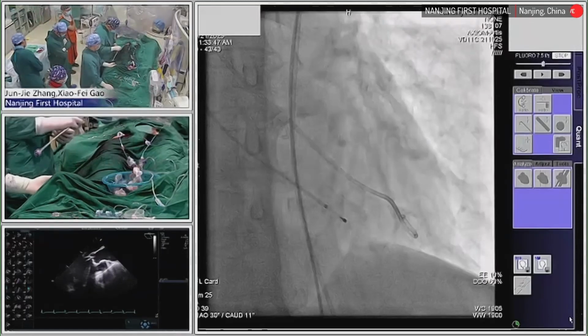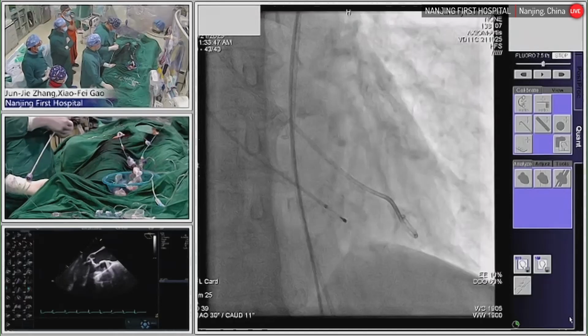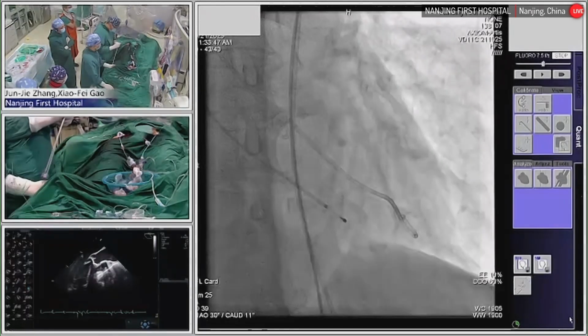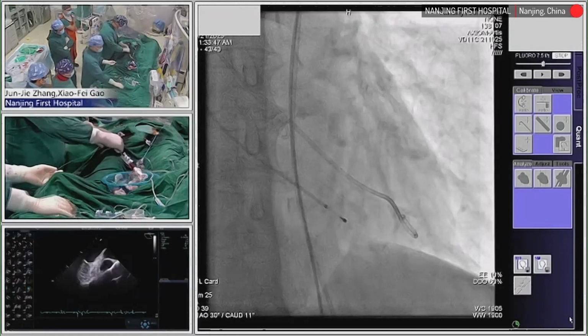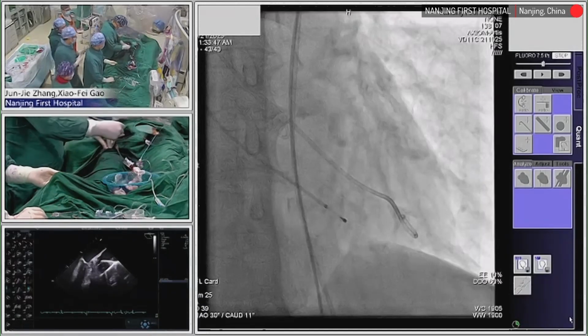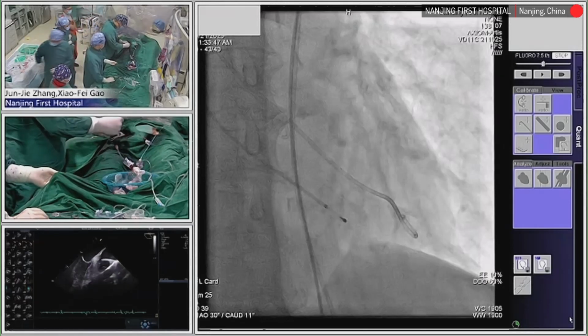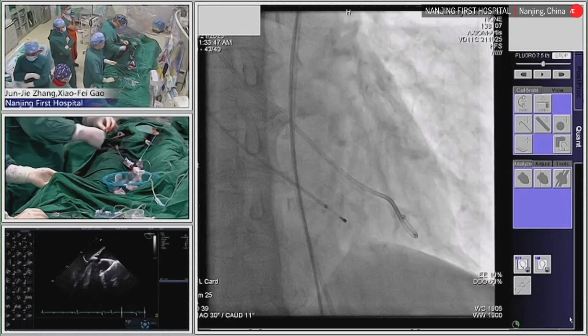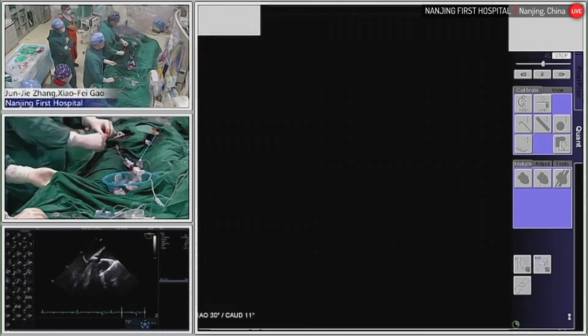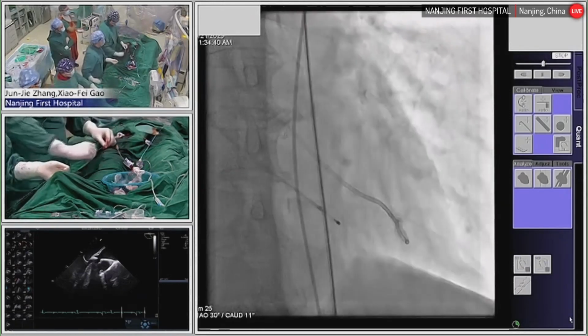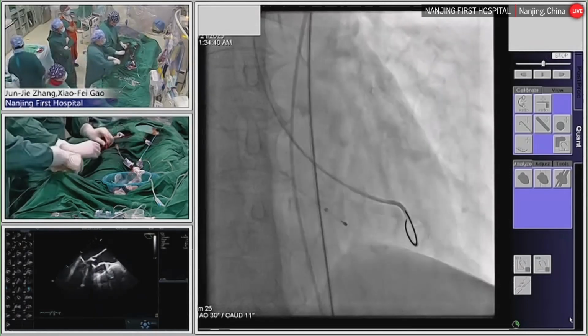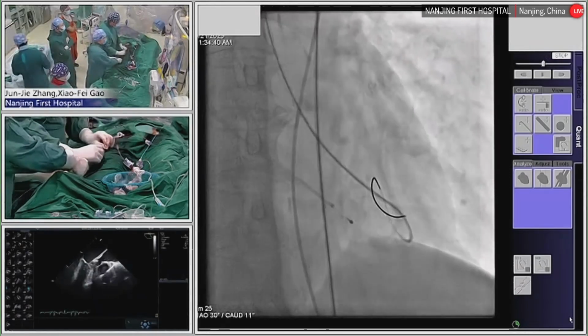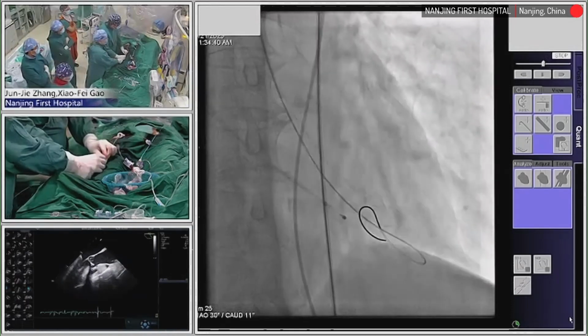The tip curve should be very small, with a double curve. Okay, good.